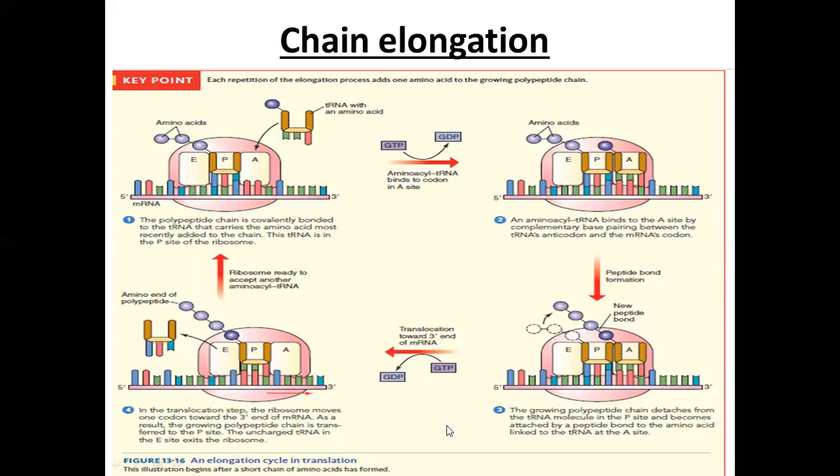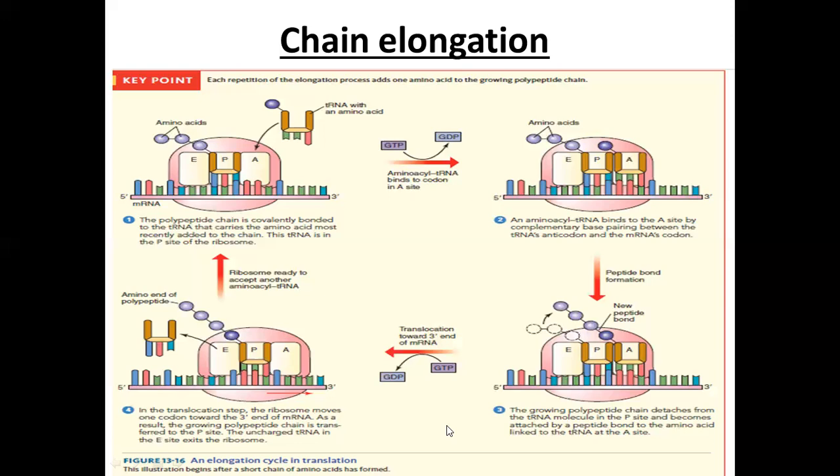And then we have that uncharged tRNA. The uncharged transfer RNA that is in the exit site, or the E site, will then exit the ribosome. And that will make the ribosome ready to accept another amino acid transfer RNA.